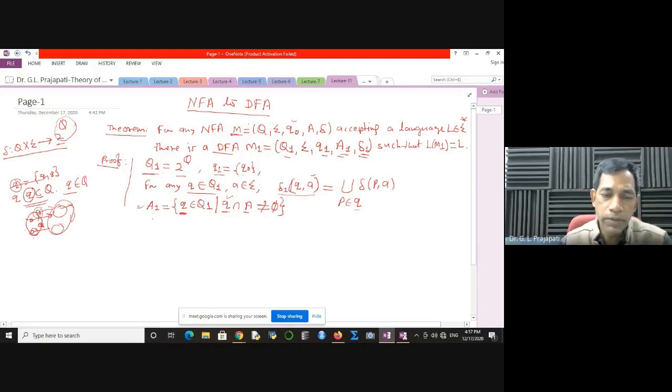So this is the construction of NFA to DFA. Actually, what do you mean by this? Here you have the DFA and this is the transition function, and you mean that if you are at the initial state of your DFA, Q1.